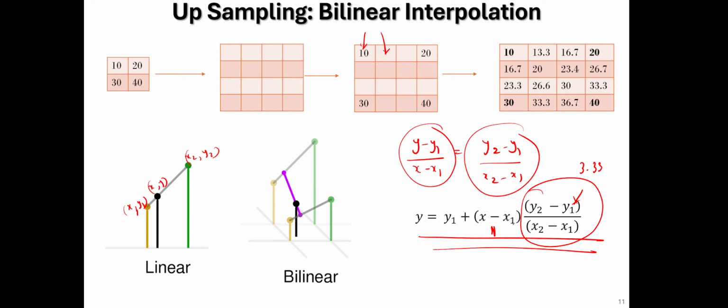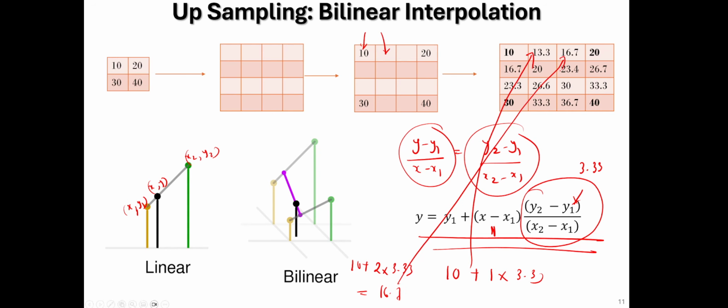So this will be 1 into 3.33. So 10 plus 1 into 3.33, that is the value coming here. And this one will be 10 plus, this is 0, 1, 2, so 2 minus 0 is 2. So 2 into 3.33, this will not change, right? So it will be 16.7. So that is here. Similarly, you can do it for the below side also.